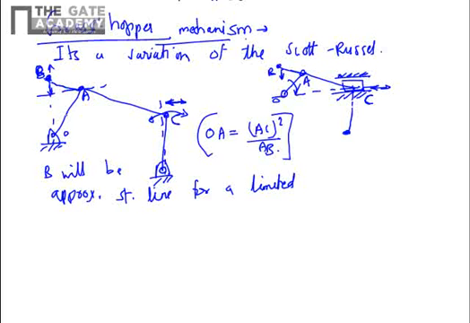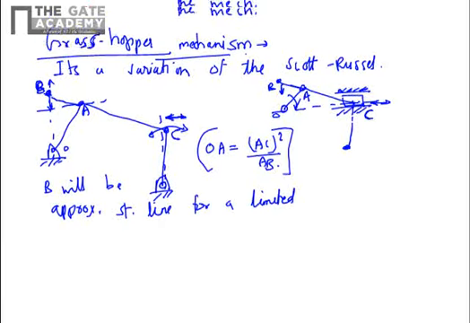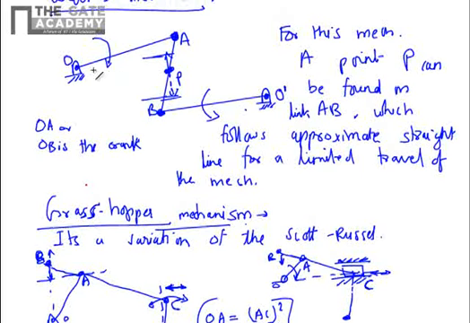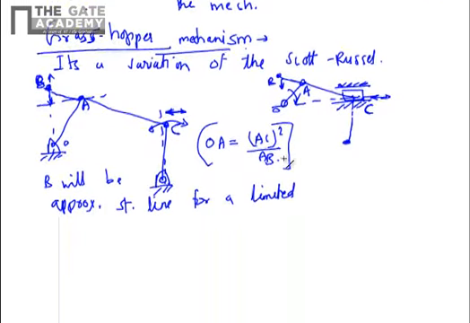This property can be used in the analysis of many other complicated mechanisms. What we had for the Watt's mechanism is that a simple chain is formed like this, and the point P will have approximate straight line motion for some period. A similar property we have for Grashof. It is a 4-bar chain. If this condition is satisfied, B will have an approximate straight line for a fairly long period of motion. That's why it is important to study.